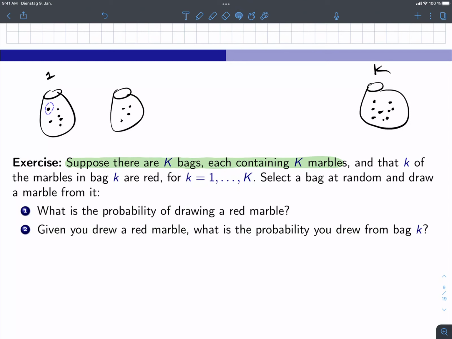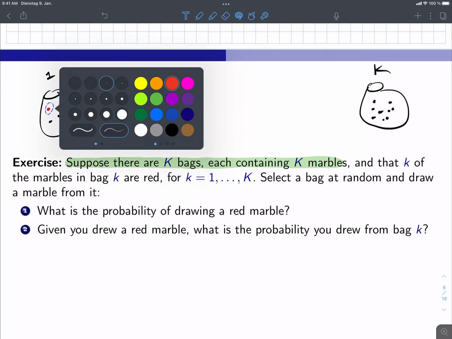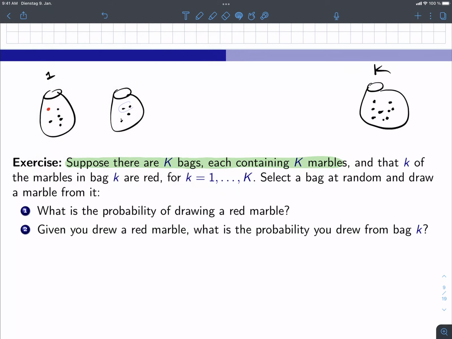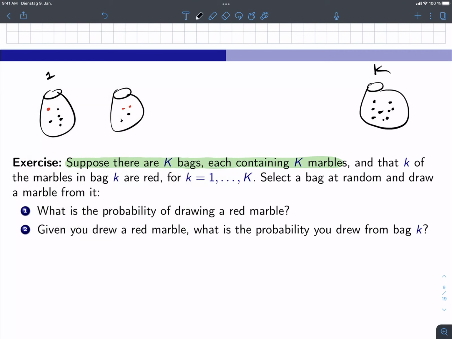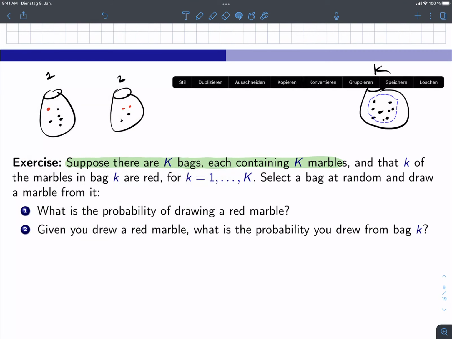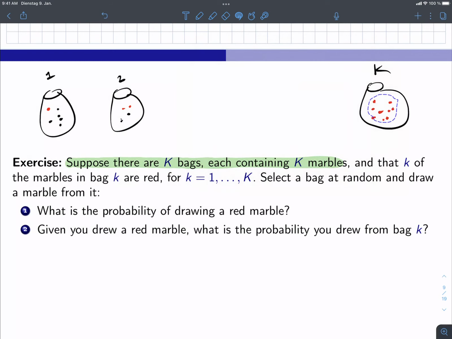And in the first bag, there's just one red marble. In the second bag, there are 2 red marbles. And by the time you get to the Kth bag, all the marbles are red. So there are K marbles in each bag.